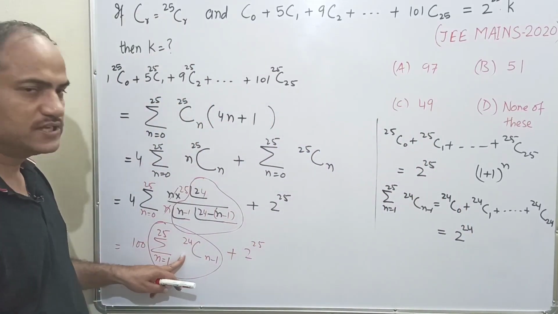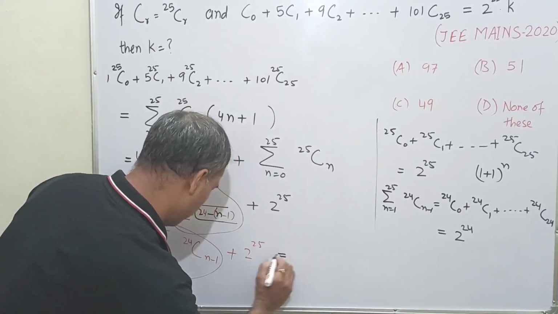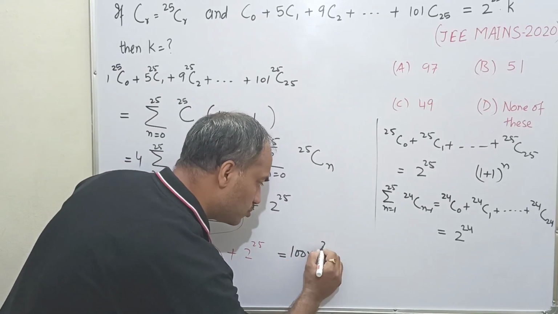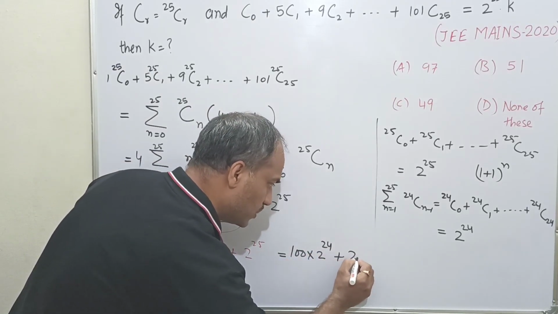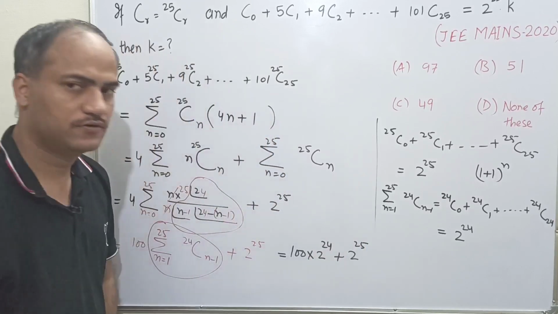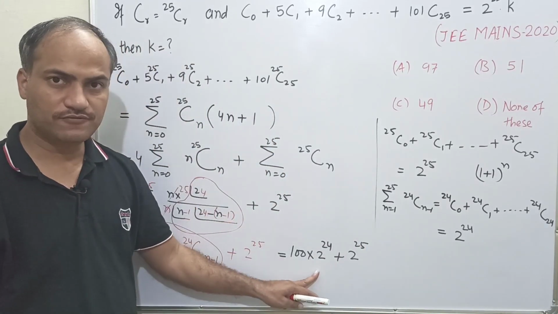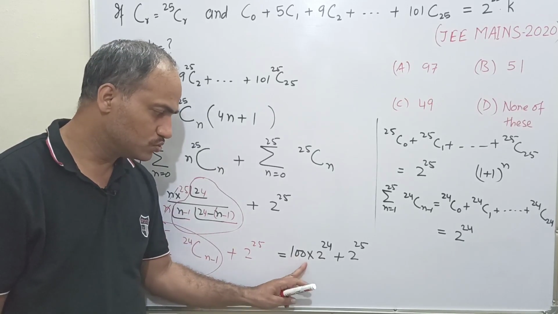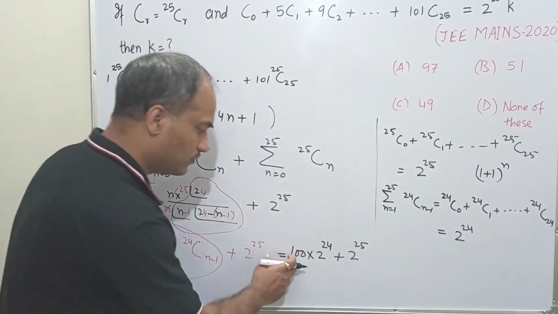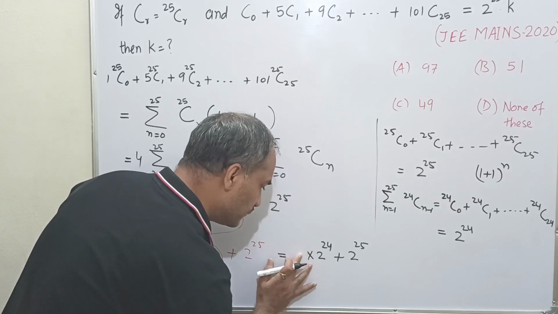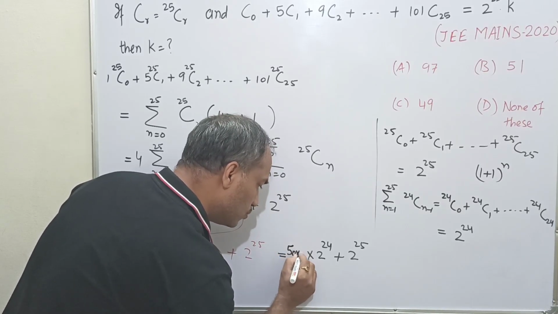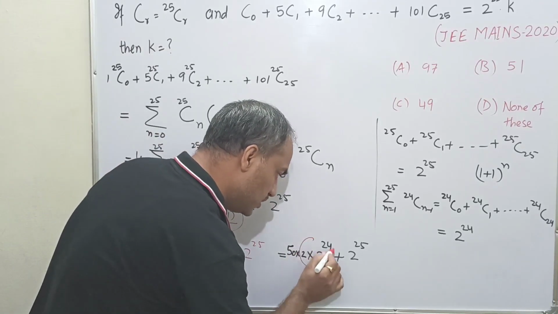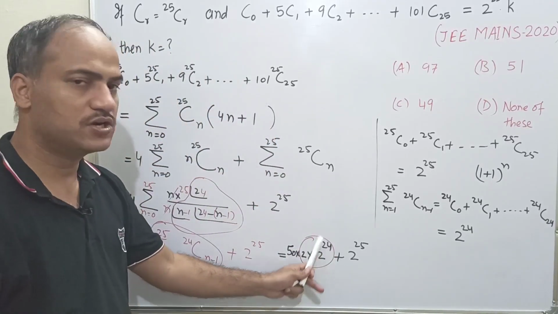So at this place we will write simply 100 into 2 raised to the power 24 plus 2 raised to the power 25. We can take something common from here. We have a factor of 2 in 100, so we write 100 as 50 into 2. Now these two terms will become 2 raised to the power 25.